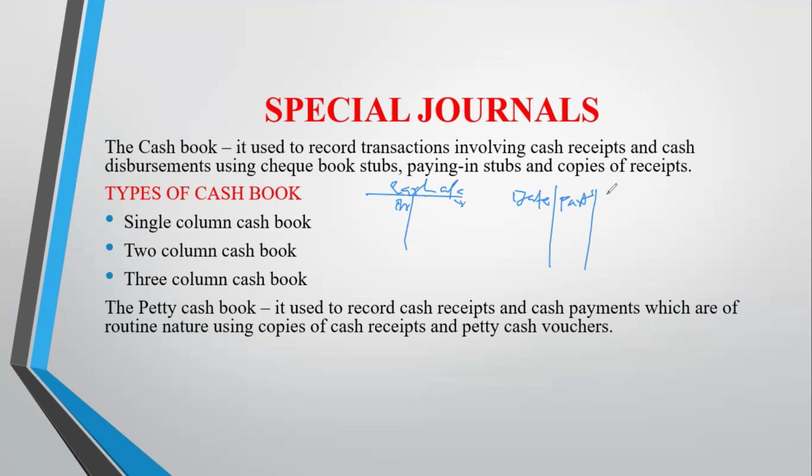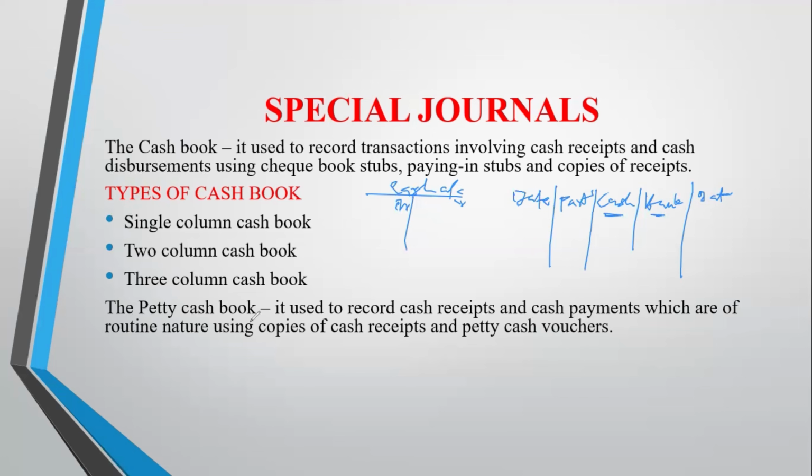Then we have cash here, then we have bank here. So that would be for the debit side. Then you do the same on the credit side. So the two column is the cash and the bank. That is the two column cash book.